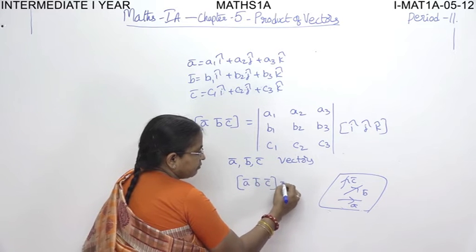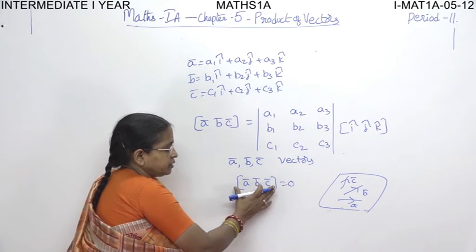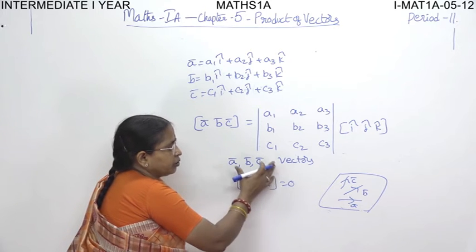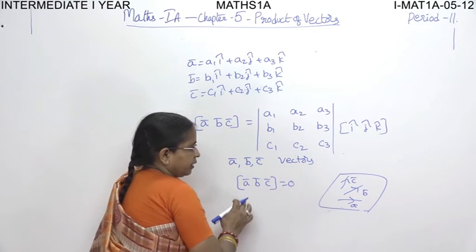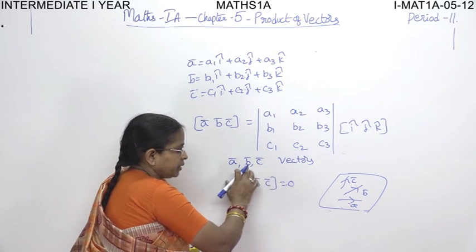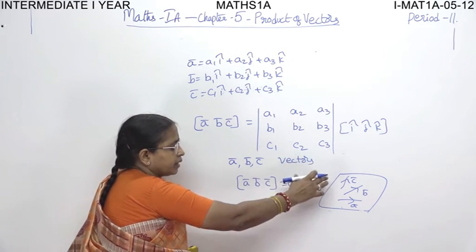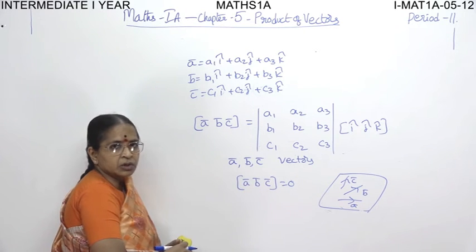Then box ABC value is equal to 0. So the converse is also true. That means if the box product is 0, then A, B, C are coplanar. They lie in the same plane. So the theorem states that vectors A, B, C are coplanar if and only if box ABC is equal to 0.